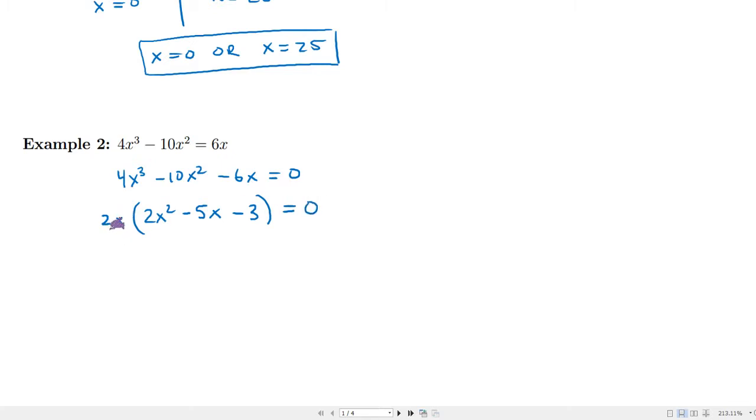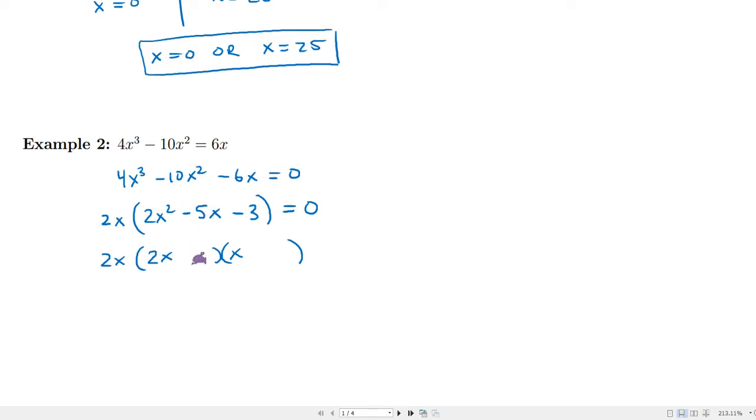And let's just double check that. So 4x cubed minus 10x squared, and then minus 6x. So that looks good. And then we'll have to factor the remaining portion of this. So we know that since the leading coefficient is a 2, we're going to have a 2x and an x. And 3 only has factors of 3 and 1. And if I'm getting a negative, then one of those is going to be negative, and I need to get the sum as negative 5.